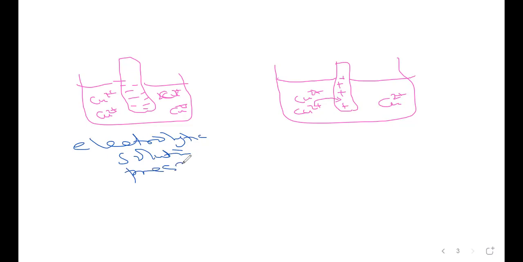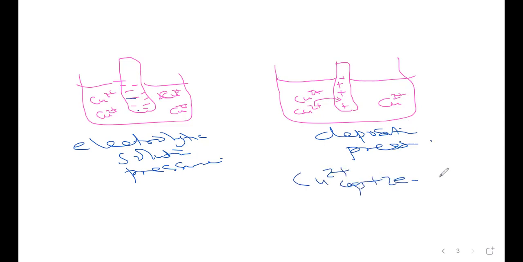And the metal becomes negatively charged with respect to the solution. This one is called the deposition pressure. Why do we call it deposition pressure? Because the reaction occurring is this reaction. Copper is getting deposited. In the electrolytic solution pressure, we have the copper rod dissolving to give us copper 2 ions.